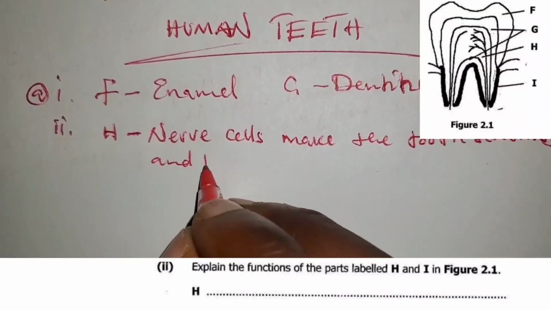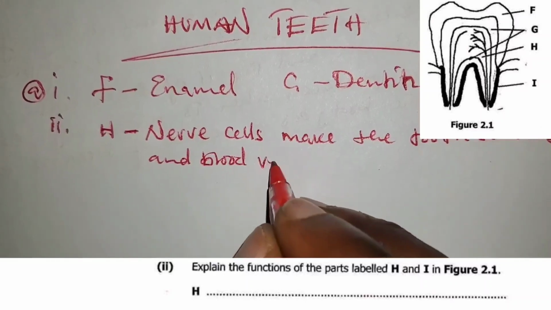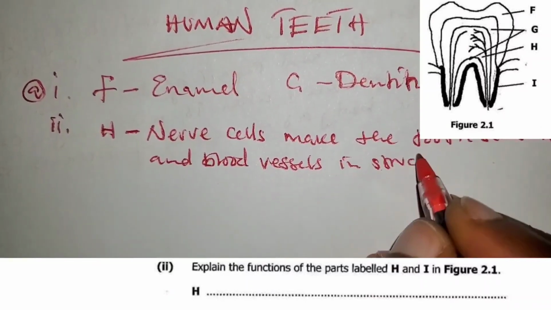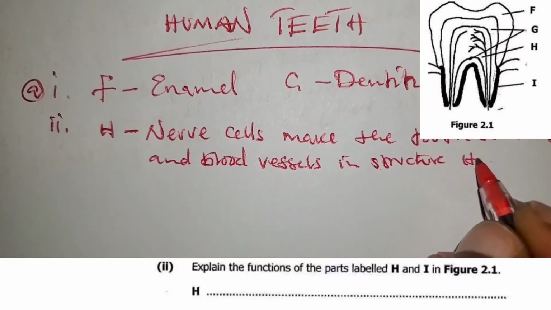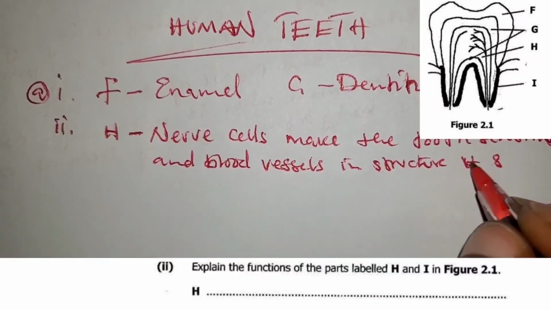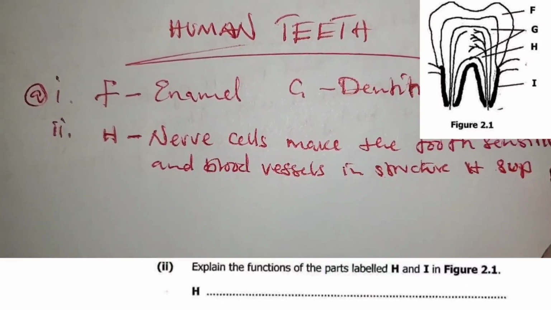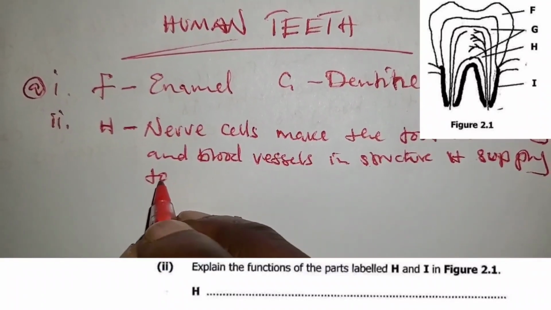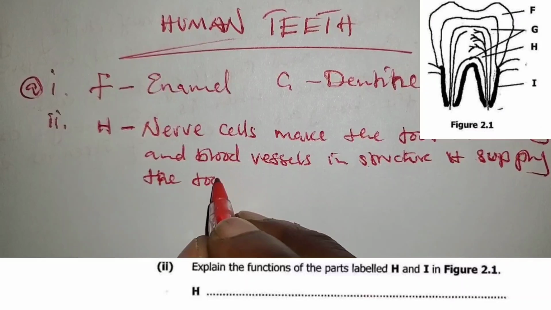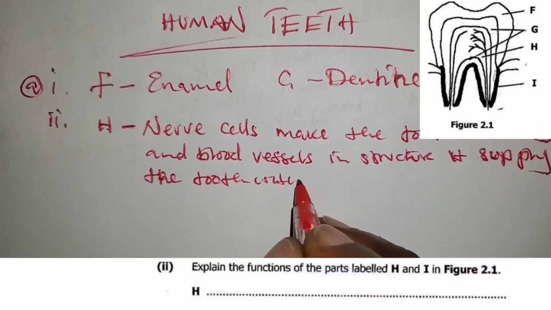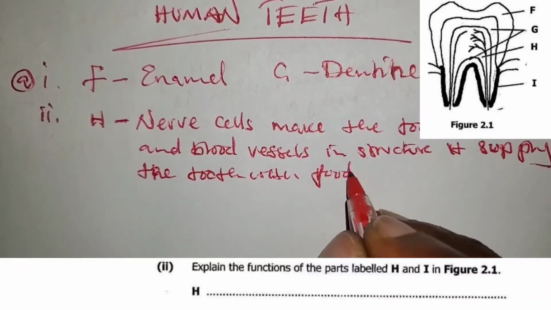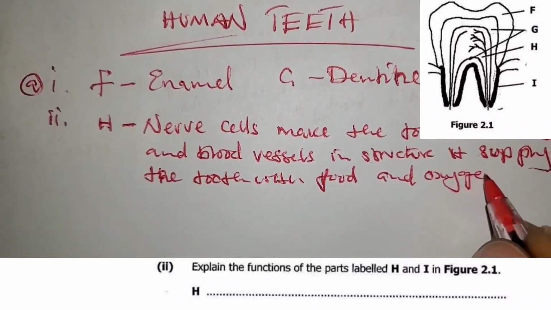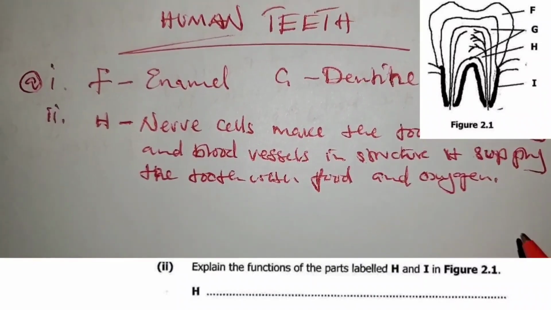And blood vessels in structure H supply the tooth with food and oxygen.